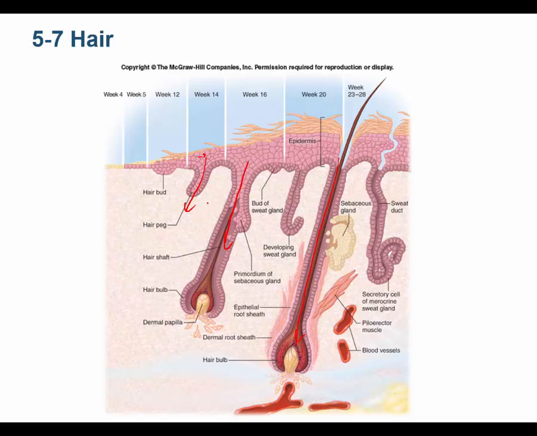So when I say that this is the stratum germinativum up here, and then these stem cells down here from which the hair grows are really derivatives of the stratum germinativum, they really are. So that's why I wanted you to think of that. And these weeks right here, don't memorize these embryonic weeks of hair growth. Please please do not remember that. All right, so that's the development of a hair follicle and the hair shaft.